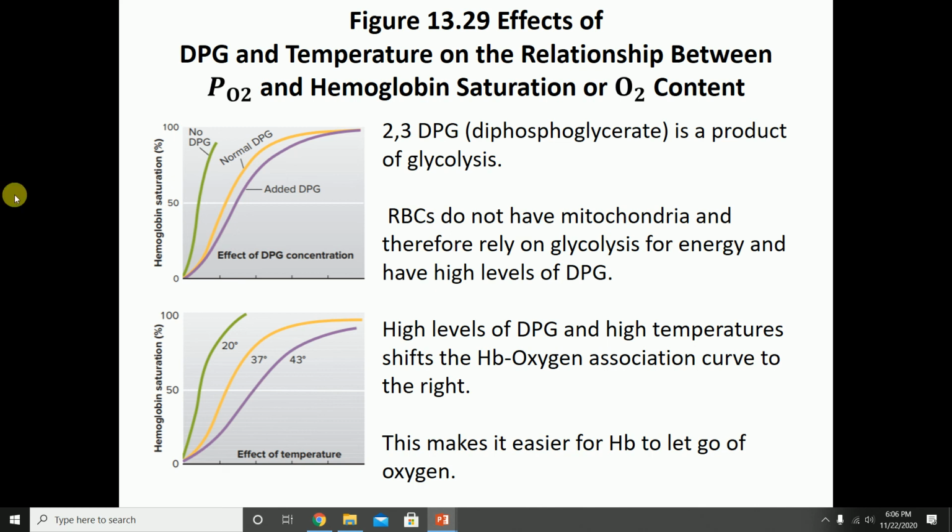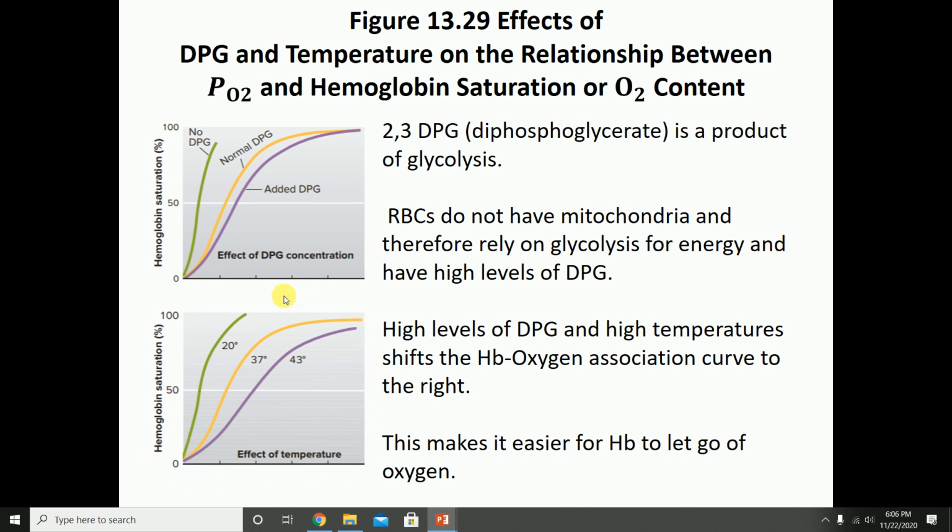In the absence of DPG, there is a shift of the curve to the left, which means that there is an increase in the affinity of hemoglobin to oxygen, and it is very hard for the hemoglobin to let go of the oxygen molecules.